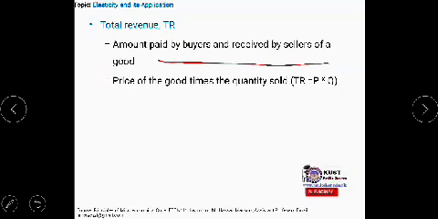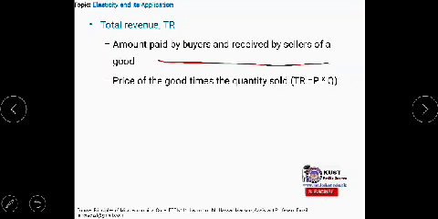How do we calculate or determine the total revenues for a firm? We calculate it by the price of the good times the quantity sold. If you want to calculate the total revenues of a product or for a firm, it is very easy: you multiply the price of the product being transacted by the quantity of that product.